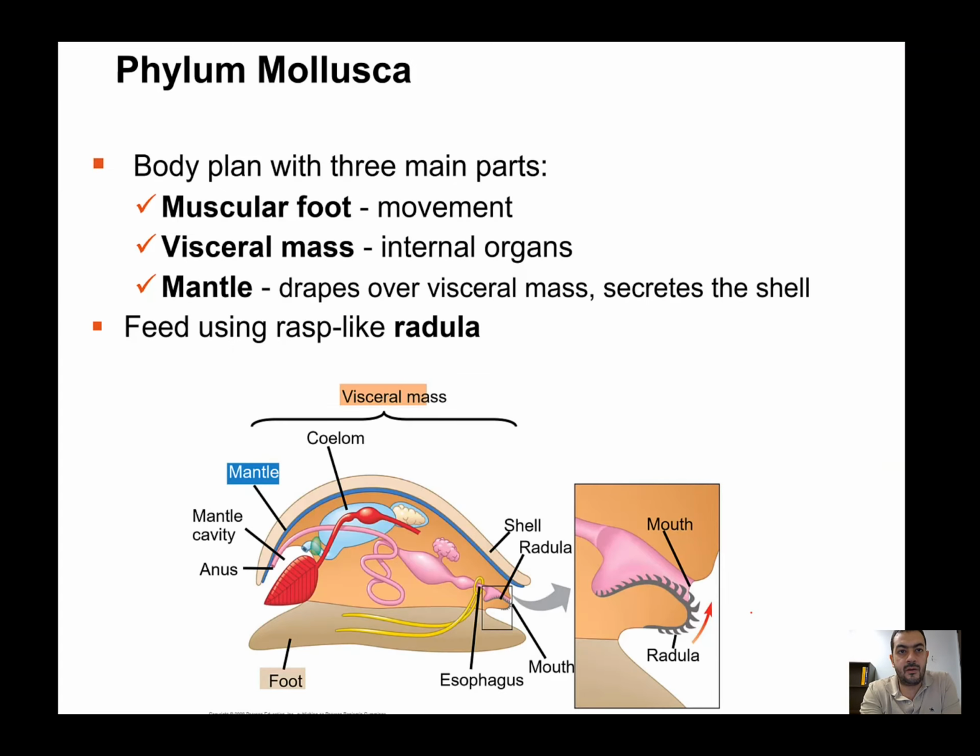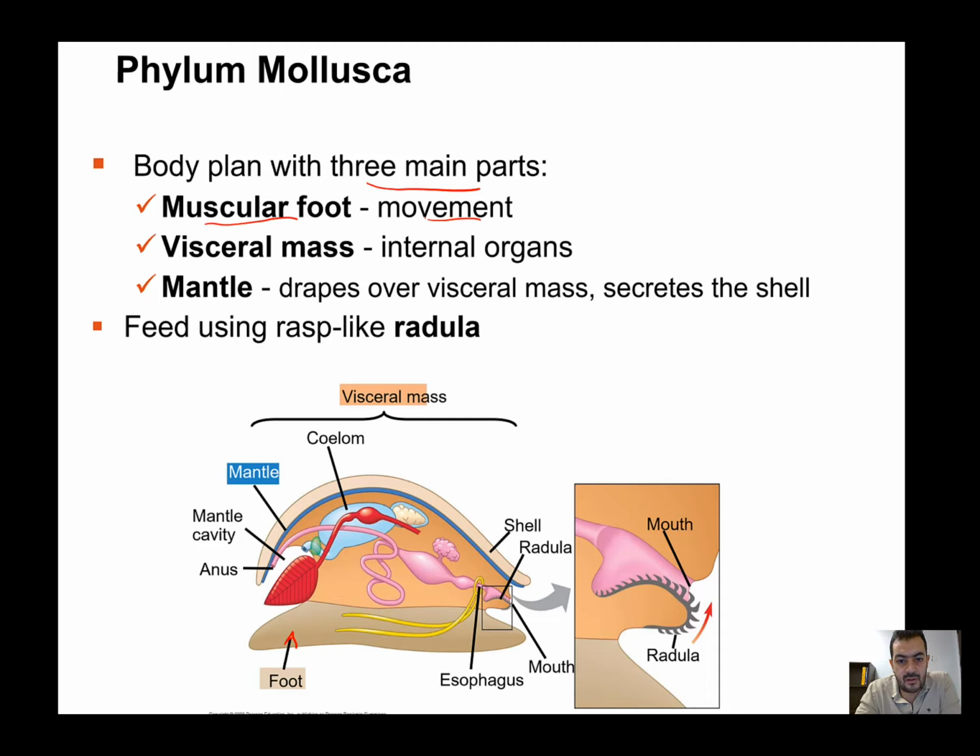The body plan of Mollusca contains three main parts. So they have the muscular foot, which is shown here in a light brown color, and you can imagine the snail, so it helps in the movement of the organism.